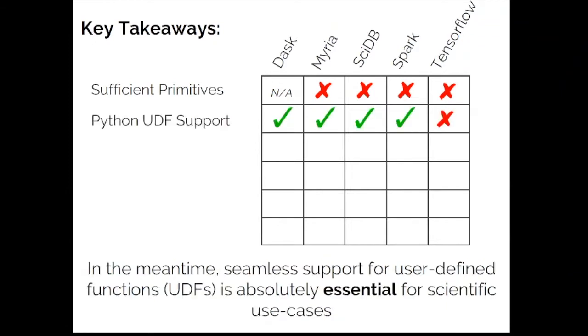So, user-defined function support: these first four have good support for Python user-defined functions. That means we could take our existing pipelines and basically parallelize them on these systems. TensorFlow was a little bit harder in that case for several reasons.